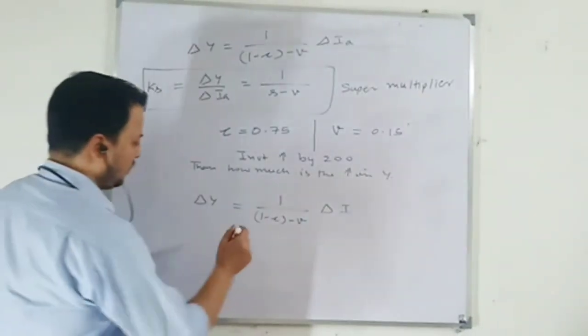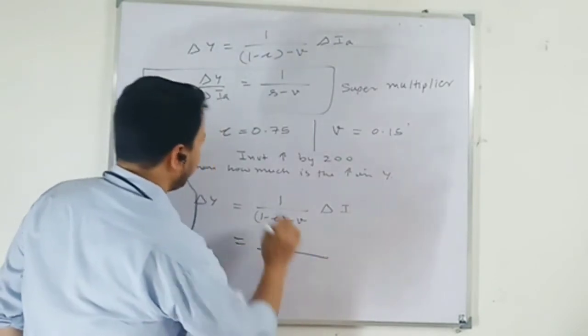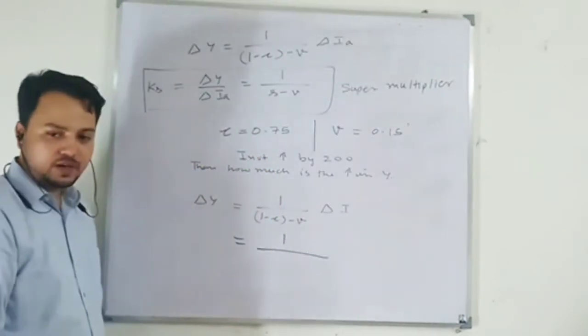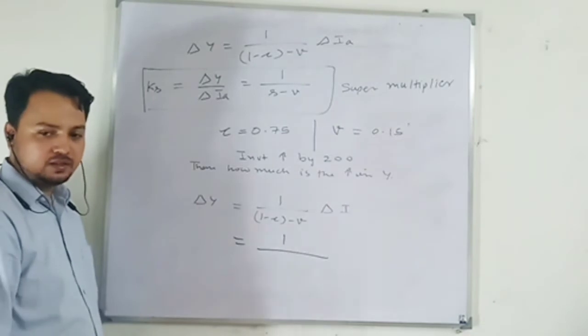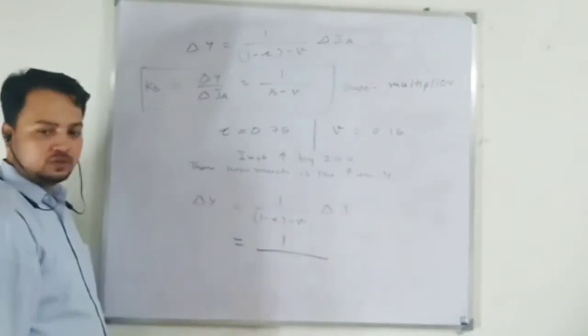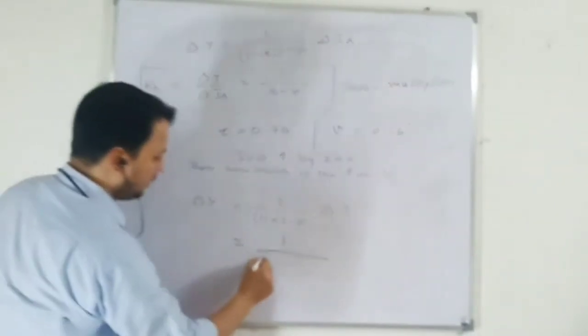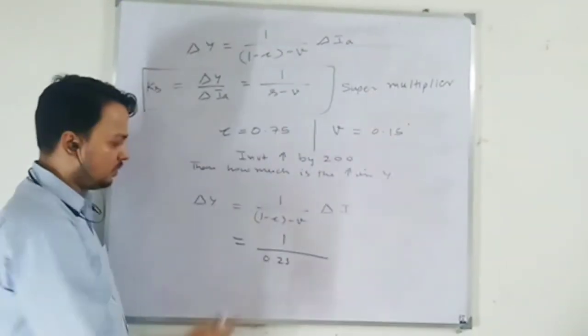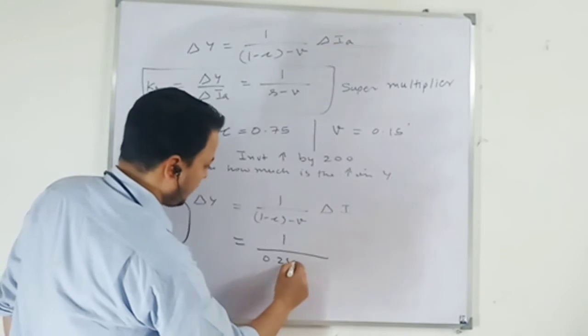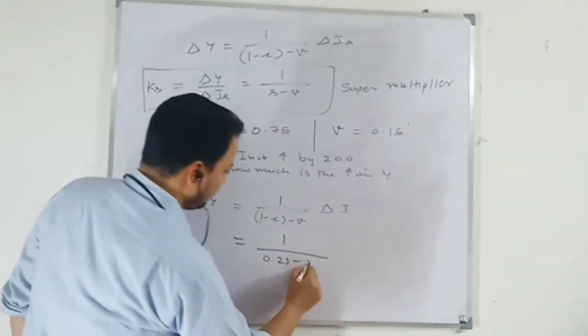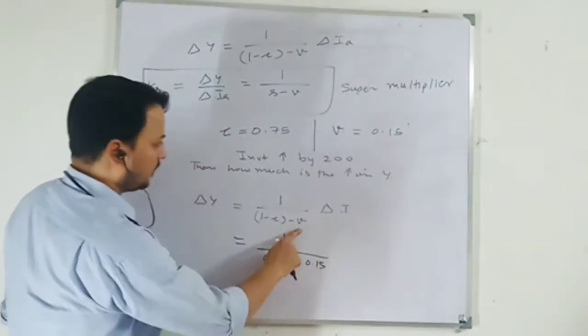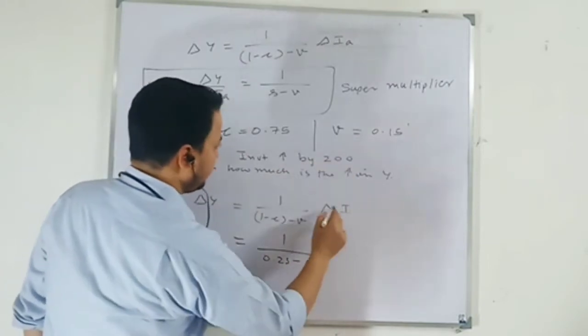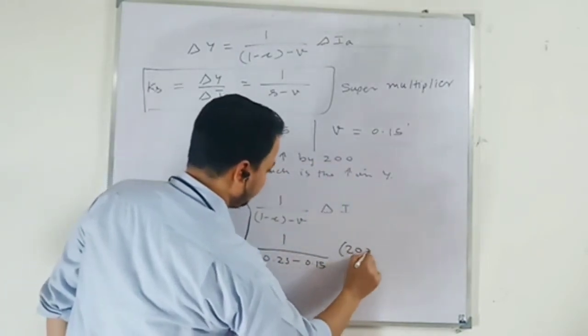If my MPC is 0.75, then MPS is 1 minus c, which is 0.25. Then this will be 0.25 minus 0.15, the v value. And change in investment is 200.